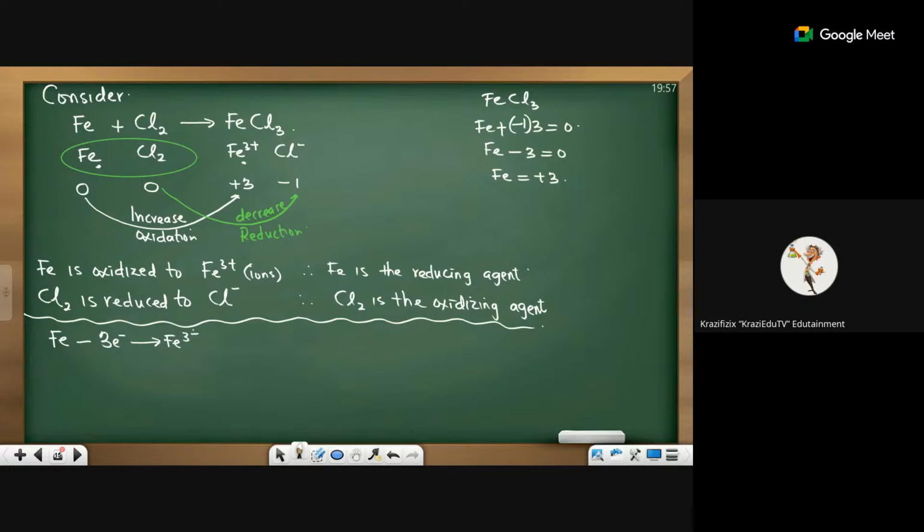But conventionally, we don't write it like that. So can I move the electrons over? Fe becomes Fe3+ plus 3 electrons. That is the oxidation half reaction. Oxidation half equation.